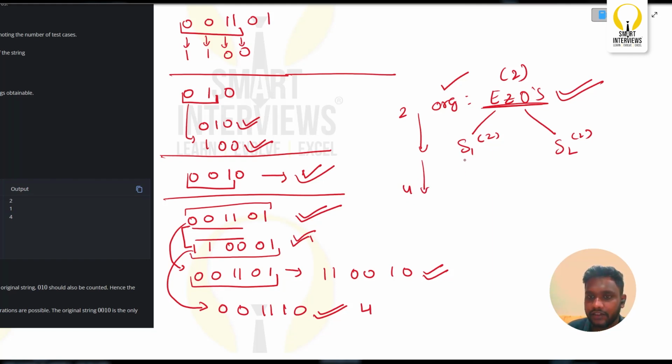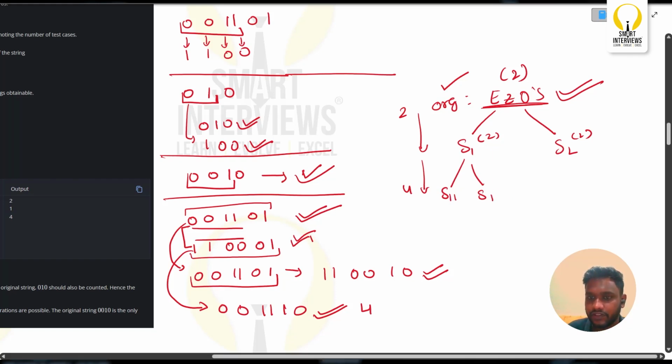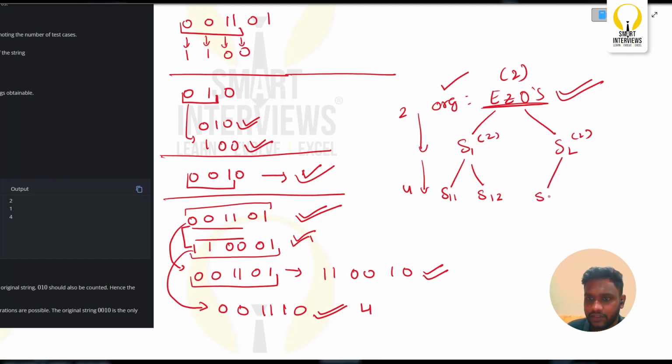Again this string can possibly be split into two possible strings, S11 and S12. Next, again the same, S21, S22.